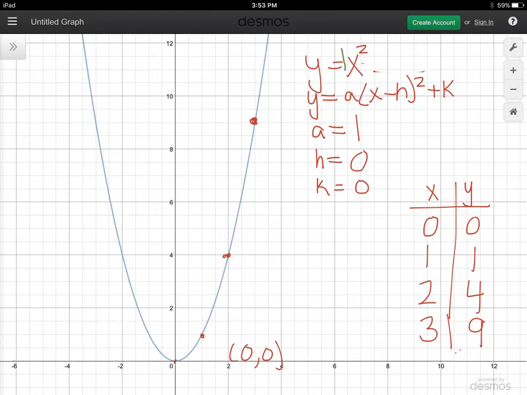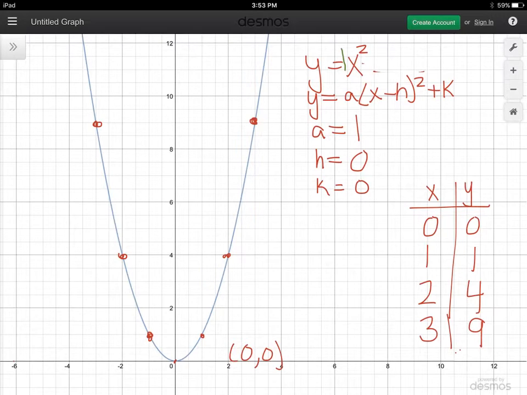So I could do my table of values and solve for -1 squared, -2 squared, -3 squared, or we know because it's quadratic that it's going to be symmetrical, a parabola, and we're just going to go over one step each time and mirror it. So -1, 1, -2, 4, -3, 9, and we have our parabola.